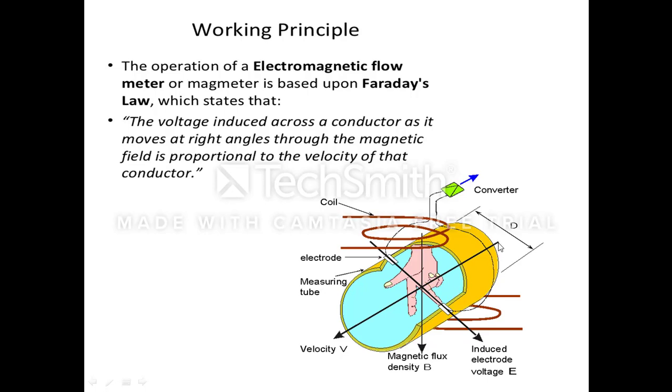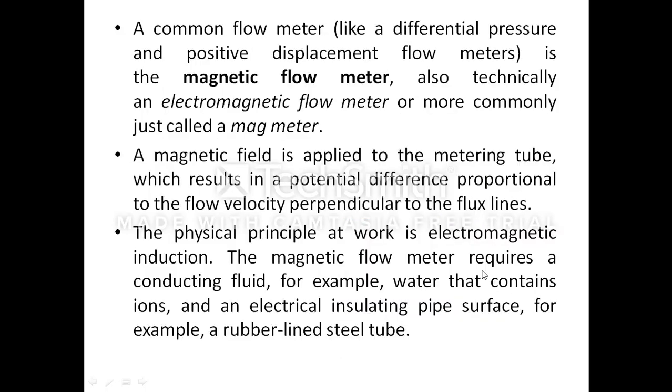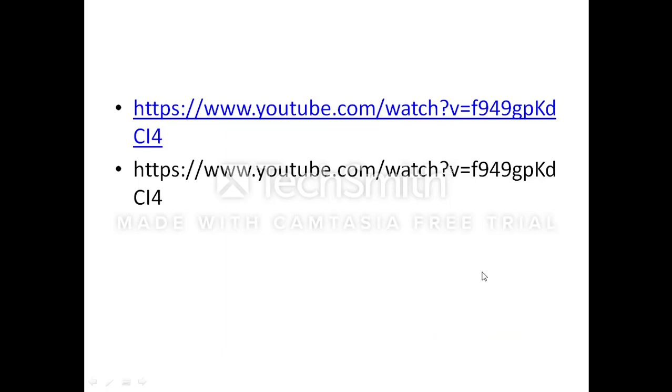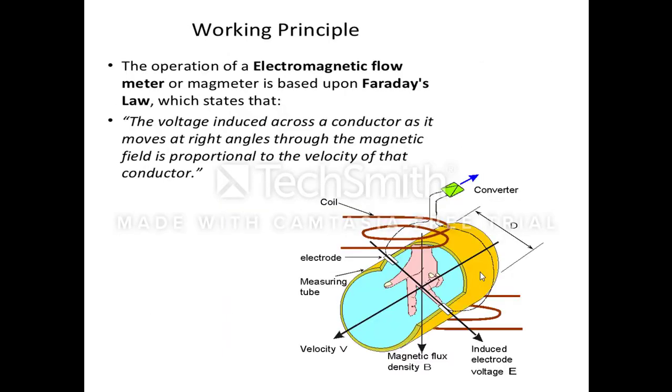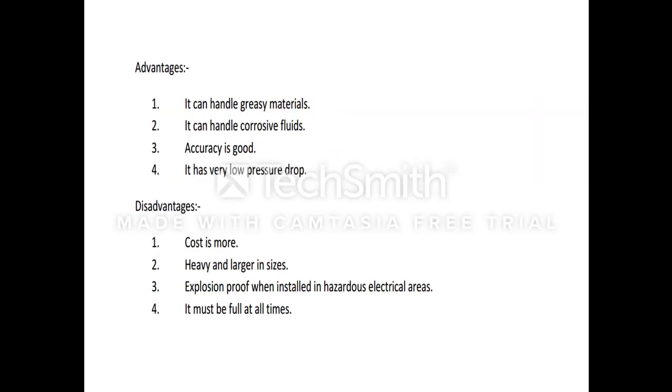Based on the velocity of the fluid, EMF will be generated, and by probing the induced EMF we can assess the velocity of the fluid. If you want to see an animation video related to this electromagnetic flow meter, you can watch it. Now I come to the advantages.